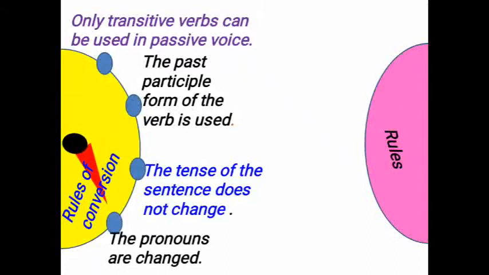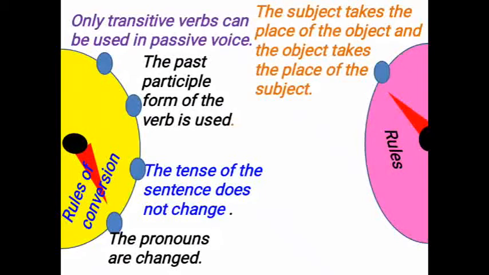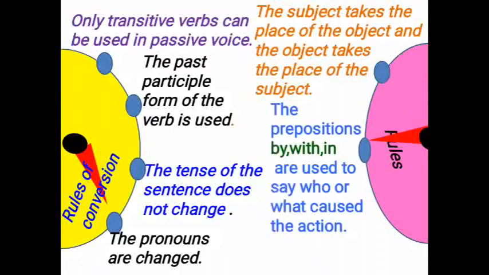Remember, only the form changes. Then, the pronouns are changed. We have to check the pronoun and the change. The most important rule now, the subject takes the place of the object and the object takes the place of the subject. A flip-flop. The next rule, the prepositions by, with, in are used to say who or what caused the action. So we use these prepositions.